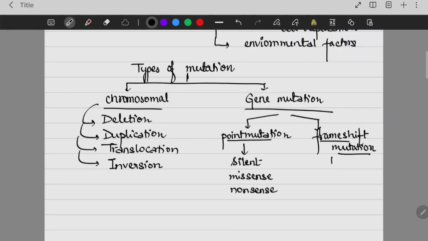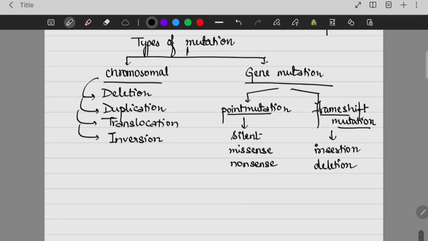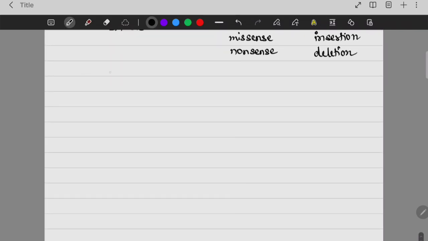Under frame shift mutation, there are two types: insertion and deletion. Now we will discuss this one by one. First one is the chromosomal mutation.